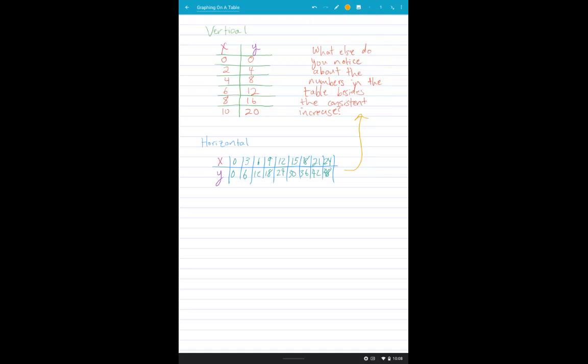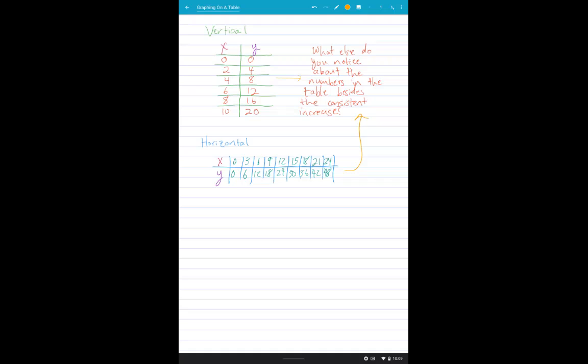So I want you to answer that question for both the horizontal and the verticals. Again, this is your noticings, okay? But I do want you to know whenever you have a horizontal graph, you add more columns. When you have a vertical graph or a table, you add more rows.